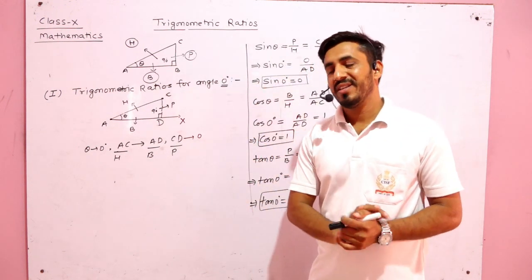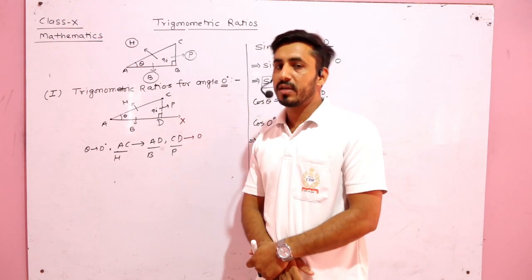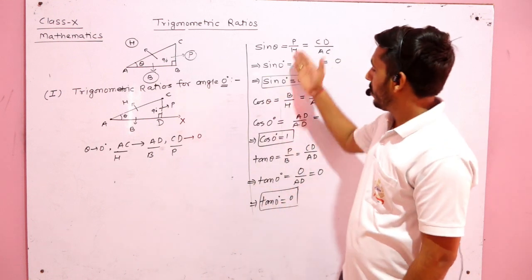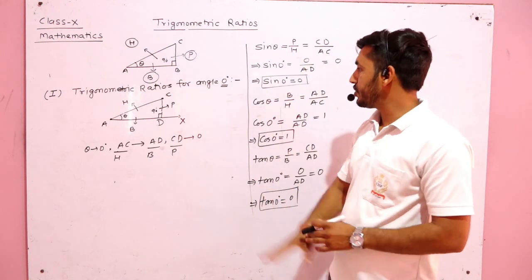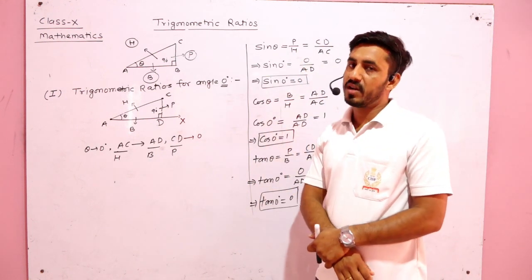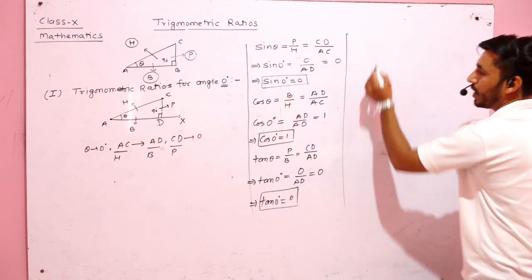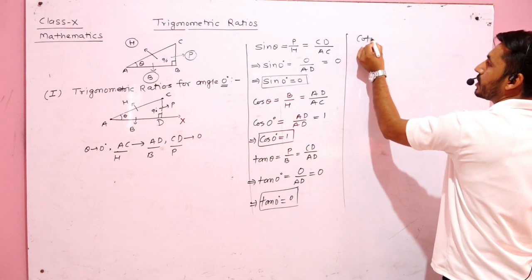trigonometric ratios. The remaining trigonometric ratios can be obtained in terms of these three obtained trigonometric ratios. How? First, I have to find out the value of cot 0 degree.